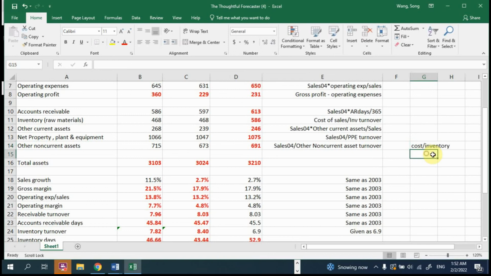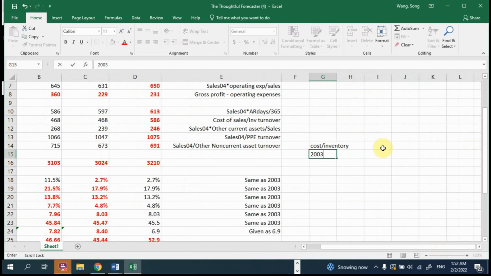This is for 2003, and then cost divided by inventory in 2004, which is your pro forma year. I use E standing for estimate. Basically we assume these two ratios are the same.